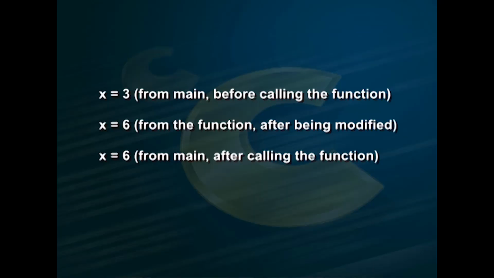Finally, the value of x within main is again displayed after control is transferred back to main from change. The final output of the program will be x is equal to 3 from main before calling the function change, x is equal to 6 from the function change after being modified, and x is equal to 6 from main after calling the function change.